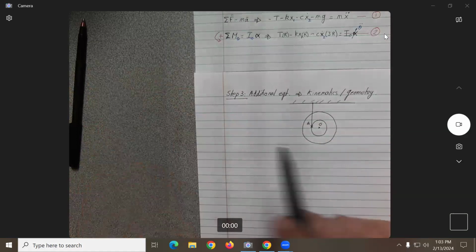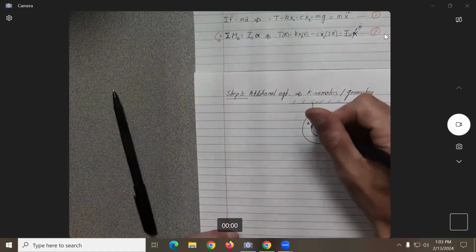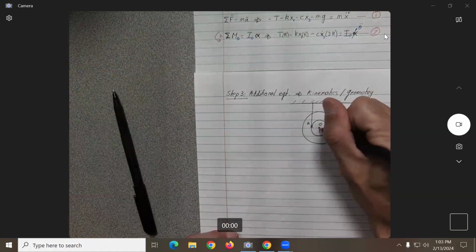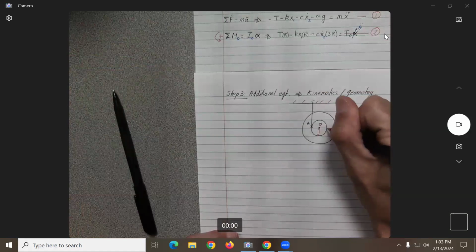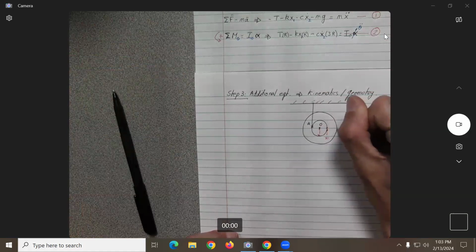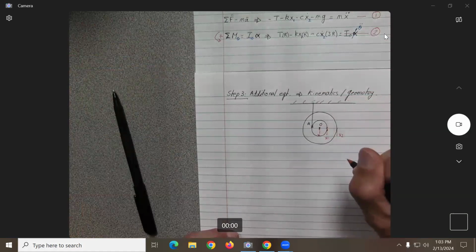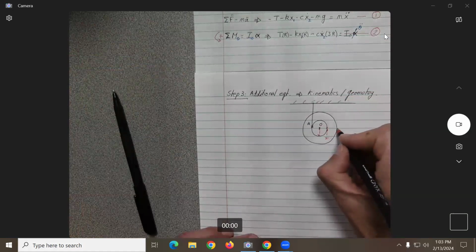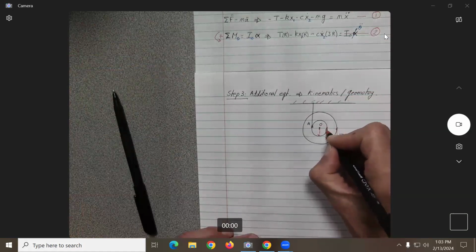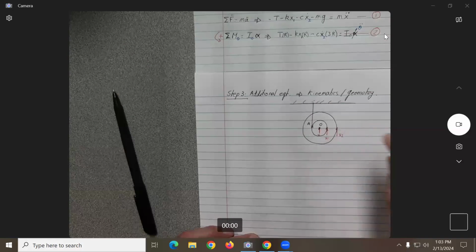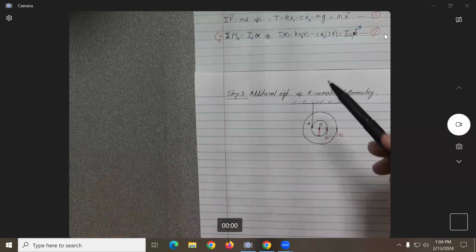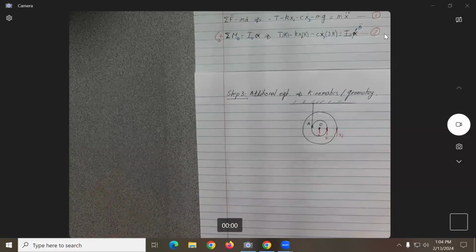So now, how can we find it? This is x over here, this is x1, and this is x2, that we call. So what could be the equations that we can write?